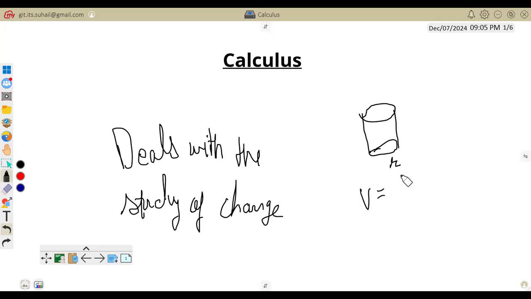Pi r squared h, right? Yes, it's pi r squared h, and h is the height. This is the volume of the cylinder. So what I mean by change is, how will the volume actually change with respect to the radius of the cylinder? This is one of the examples you can think of.